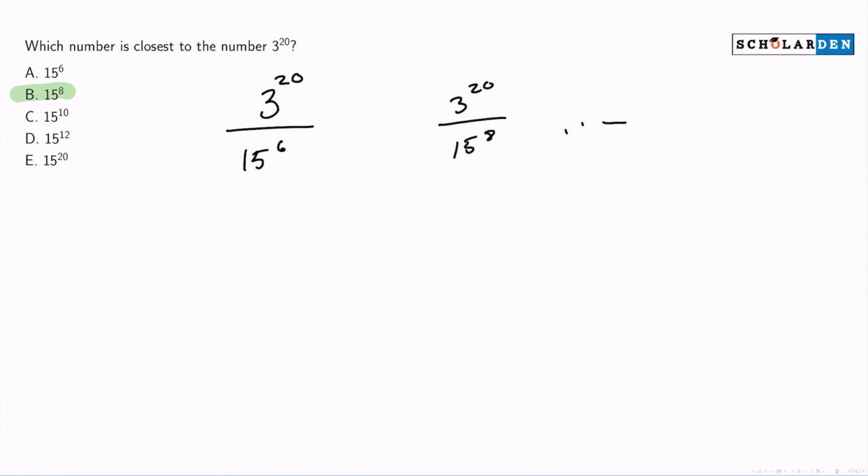Whichever one is closest to 1 means that 3 to the power of 20 and that specific term are closest to each other, because any number divided by itself is 1. And the further apart those numbers are from each other, the further from 1 their quotient will be.